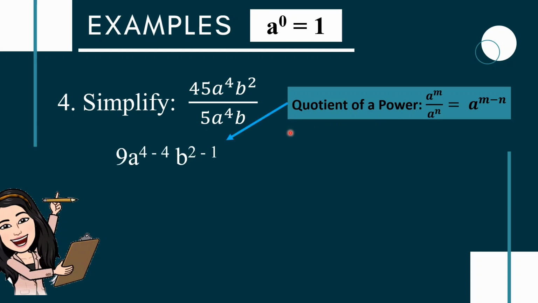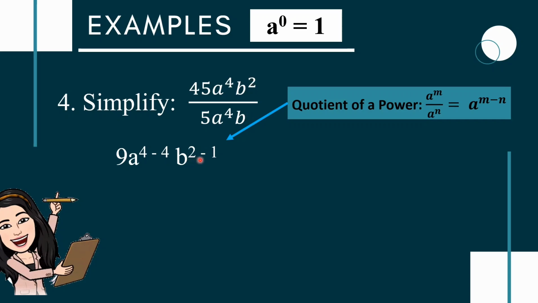A raised to the 4th divided by a raised to the 4th, i-apply natin dyan ang quotient of a power. Kaya i-minus natin ang 4 minus 4. And then, b, kopyahin si common base, b, and then, subtract their exponents. 2 minus, ito po ay merong 1. So, we have 2 minus 1.